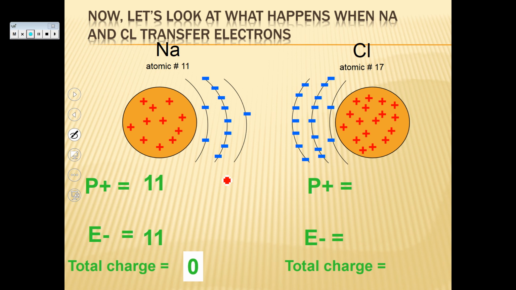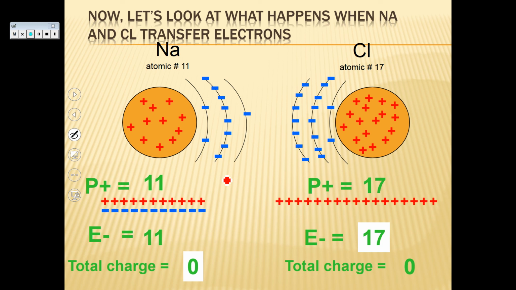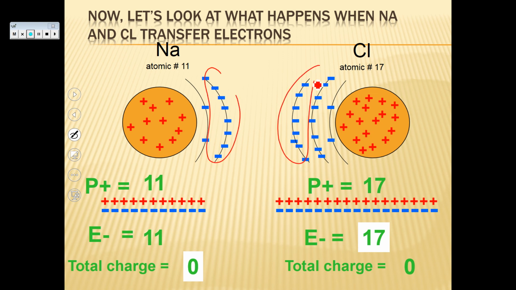Chlorine, which has 17 protons and 17 electrons, cancel each other out to give a total charge of 0. Now, when sodium and chlorine combine to create a compound, NaCl, we have seen that that 1 valence electron will be transferred to chlorine. So sodium gets its stable 8 here, chlorine gets its stable 8 here.